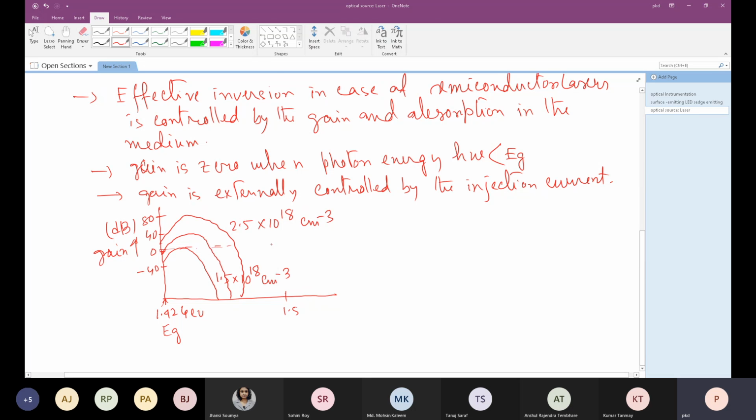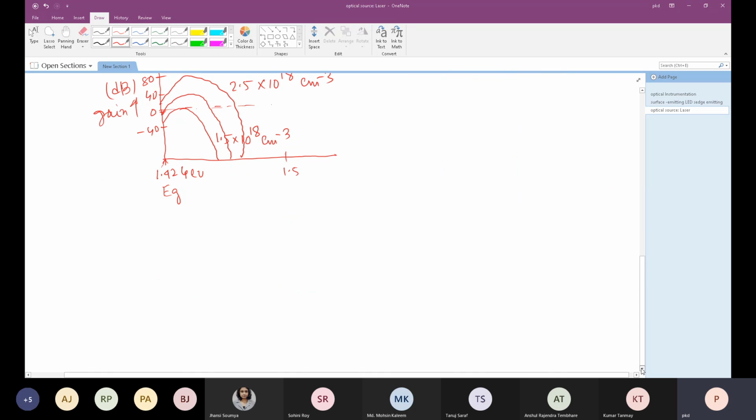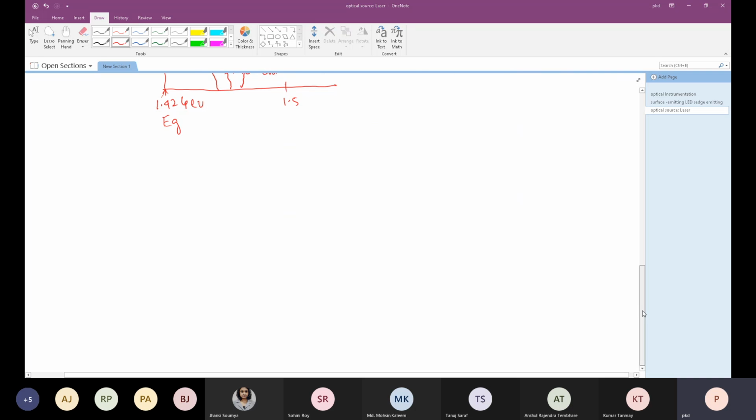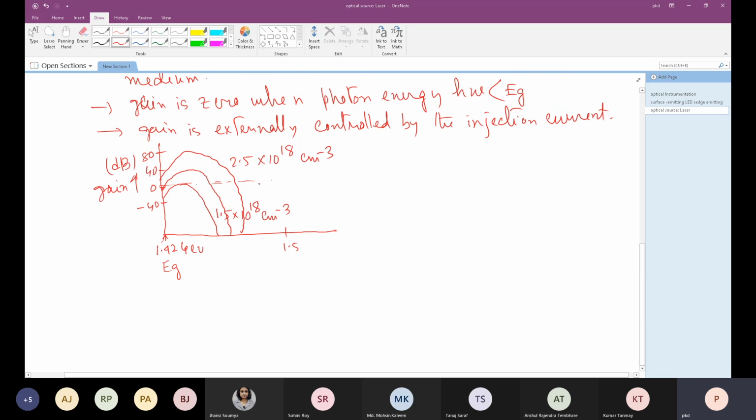The area under the curve above 0 is the positive gain side, and the more this area, the more radiation, sustained radiation, we will have. So here the carrier concentration is, say, 2.5 times 10 to the power 18 per centimeter cube.